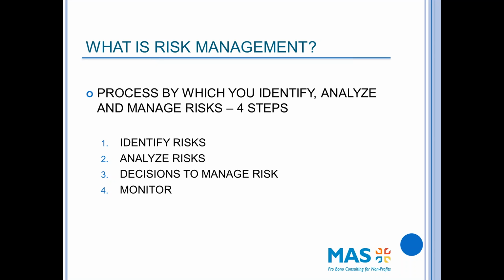If you think about personal risk, if you think about program risk, if you think about project risk, or you think about organizational risk, those 4 generic steps are really the same. You're talking about what are the risks, how do we think about those risks, what decisions do we have to take around those risks, and then how do we monitor those risks. And we're going to go through each of those steps and give examples and then talk about how we pull it together.